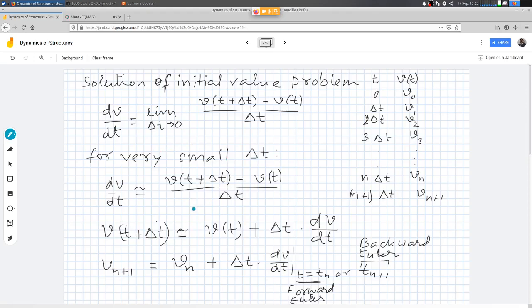This is the forward difference approximation of the derivative, and when you simplify it, you get this relationship, and you can write it in the recurrence form. The solution at the current time instant can be incremented to find out the solution at the next time instant. Right, so this is the step-by-step procedure. This is what we call time marching.